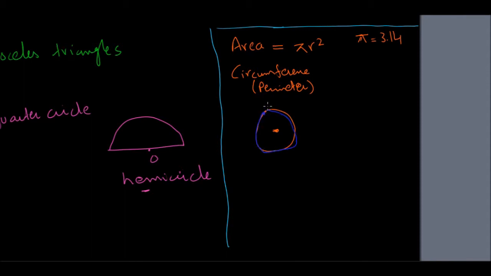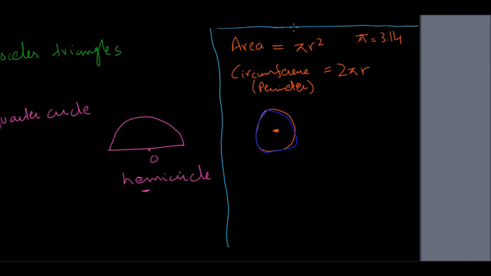The way you would do it, you can take a thread and put this thread all around the edge of the circle and measure the length of the thread. Okay, so that is known as circumference, very similar to perimeter. So this is given by 2 pi r, 2 times pi times r, the radius.